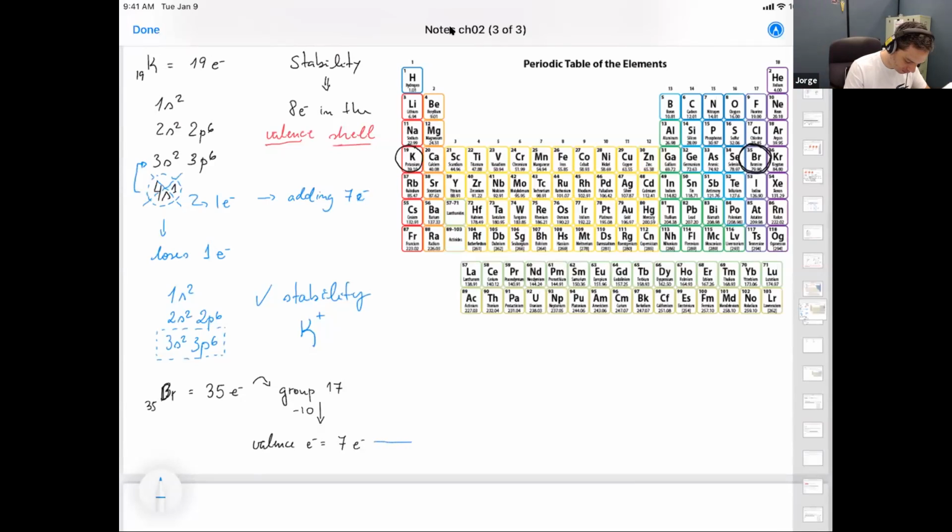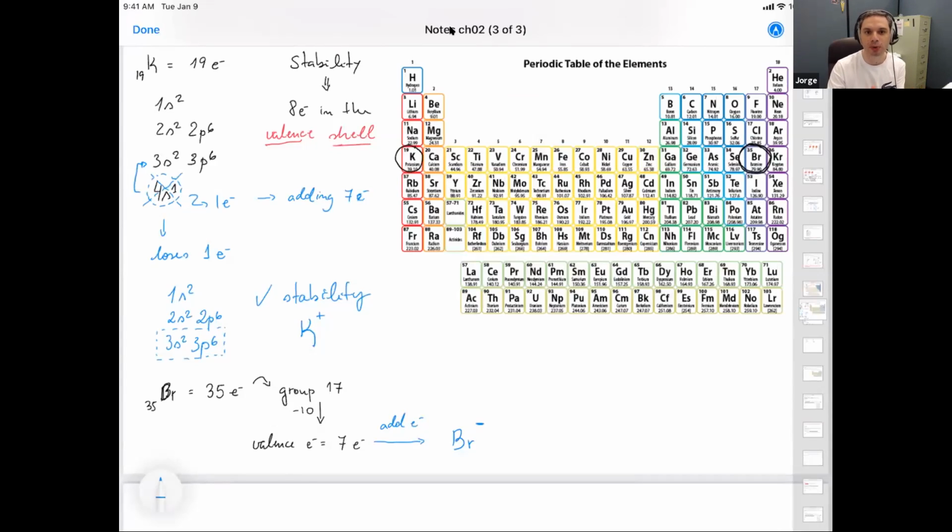Therefore, when we add 1 electron to the bromine, that will complete 8 electrons in the valence shell. And now we have 1 electron in excess. Therefore, bromine 1 minus is stable. Okay?